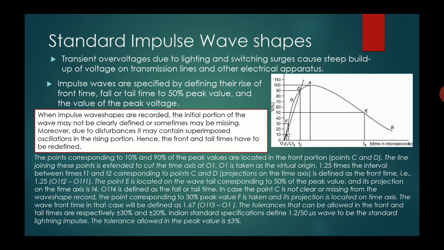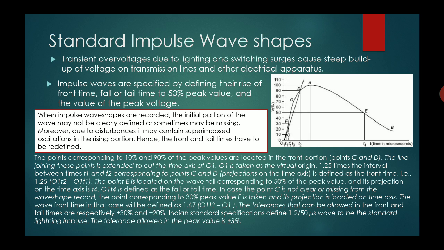Got it? In case the point C is not clear, or missing from the wave shape record, the point corresponding to 30% of the peak value, F, is taken, and its projection is located on the time axis.